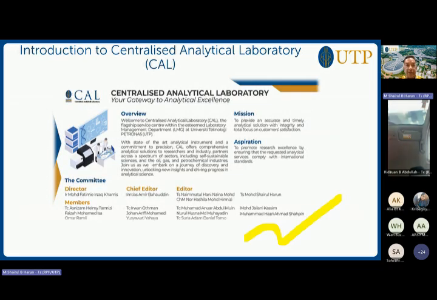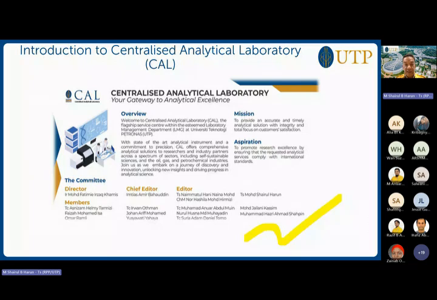Okay, this is the introduction to CAL Laboratory. We are providing services. The committee: the director is myself, Muhammad Fatimi Izzak bin Khamis. The chief editor is Mr. Imtiaz Amir, the CAL manager. The editors are TS Naim Imatuhani, Naina bin Muhammad, and chemist Nur Hashila Muhammad Amizi, and myself on the right. The other members are TC Asnizam Helmi Talmizi, Puan Faizah Muhammad Isa, and Encik Omar Ramli.